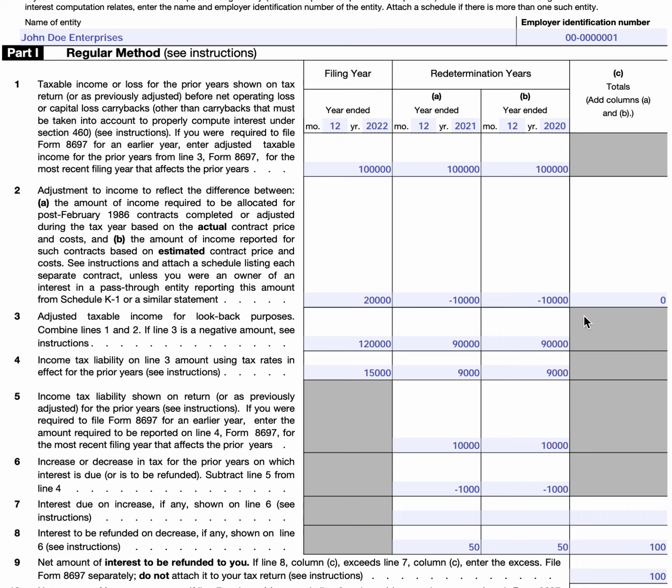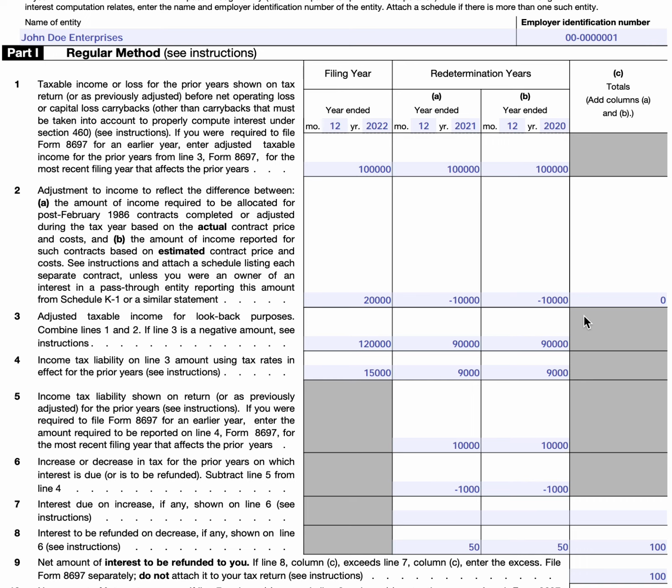If this results in a net refund to you, then we'll go over the filing instructions, because you will not be filing this with your tax return. You'll be filing it separately and then expecting the IRS to issue a refund once they've determined that your calculation is correct.